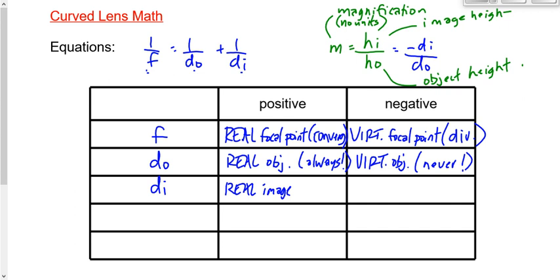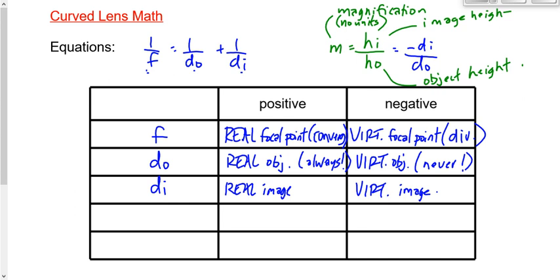Then it becomes no image, and then it becomes a virtual image, and then for the diverging lenses, it's always virtual. Sometimes we're told in the question whether it's real or virtual, sometimes we're not. In that case, we have to look at the ray diagram or remember the patterns to determine whether it's a real or virtual image. So it's positive if you have a real image, and it's negative if you have a virtual image. And there's no rules as to always this or always that. You just got to think about the ray diagrams.